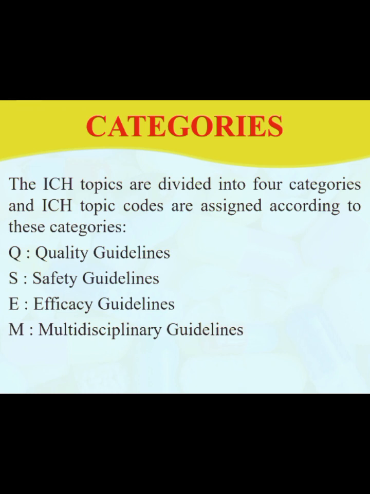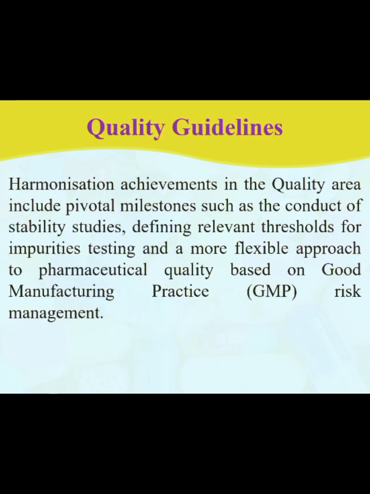These are the main four categories in which ICH will provide guidelines: quality, safety, efficacy, and multidisciplinary, QSEM. In the current session, we will be focusing on the quality guidelines.